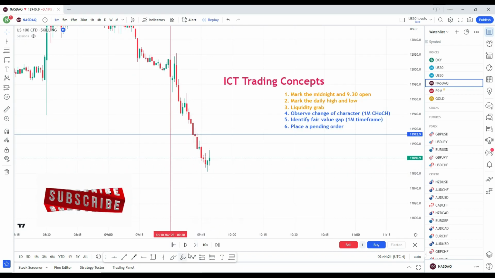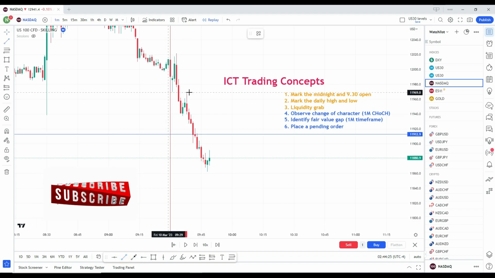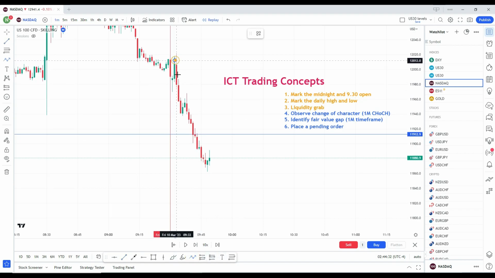So there is this candle. We'll be observing this. At first, this is okay. This is the movement so far. There is this, and then this green candle.